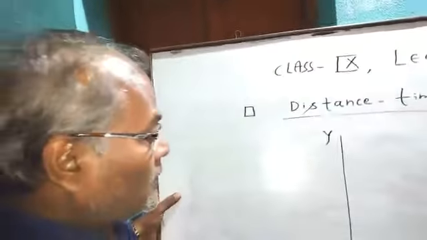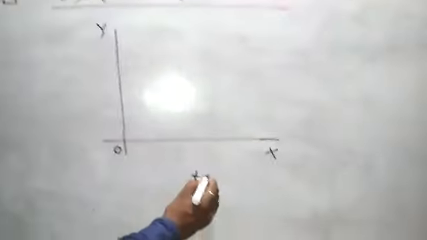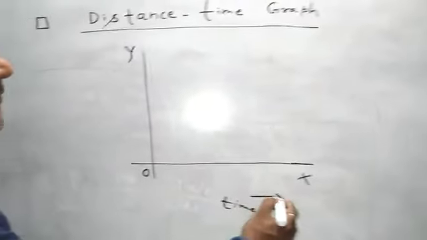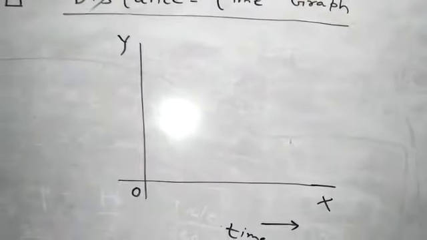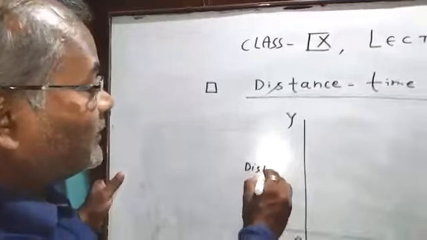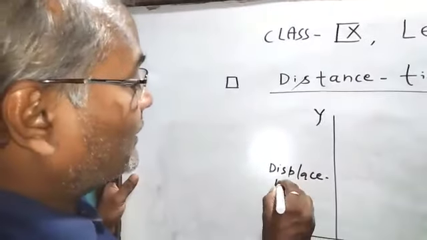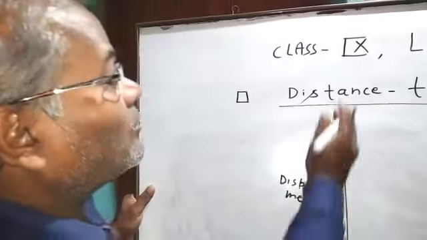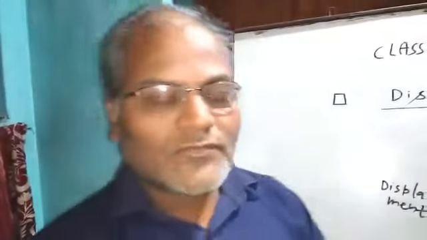Time is plotted along the x-axis, and displacement is plotted along the y-axis.